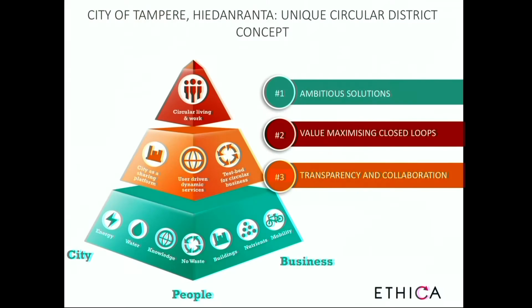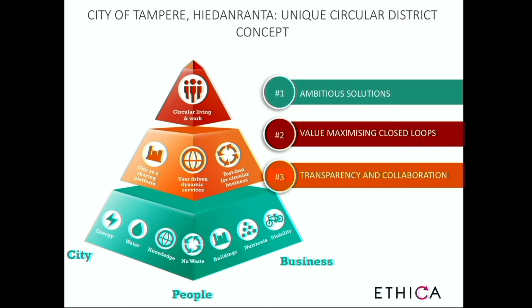Third example, this is an urban development project, Tampere, Hiedanranta. And once again, I wanted to share this example with you because it is perhaps not such a typical design example, or if we talk about circular design, the thinking easily goes into product-based design. But here we are designing a whole new district based on circular economic principles. Once again, it requires a totally new process, understanding not just the bottom line, which is something we are mainly familiar with.